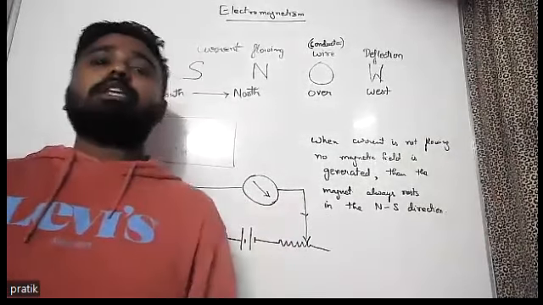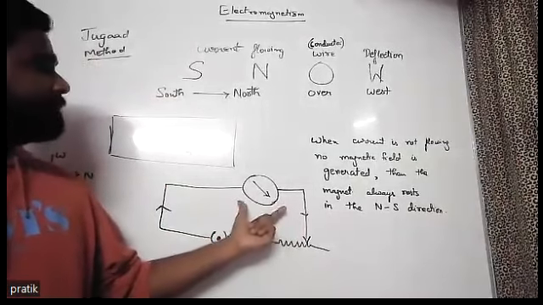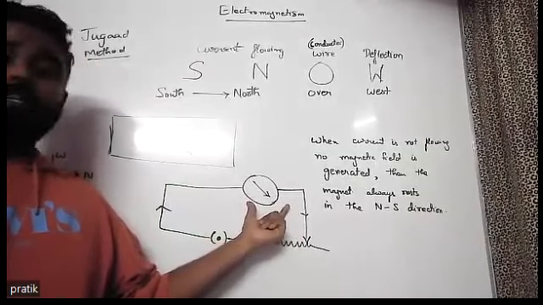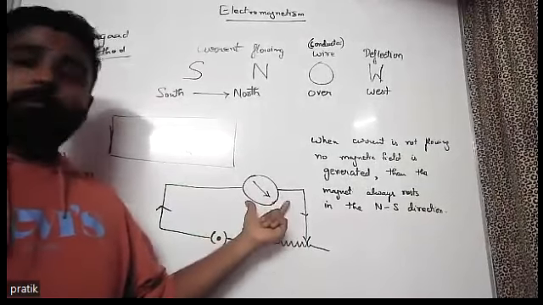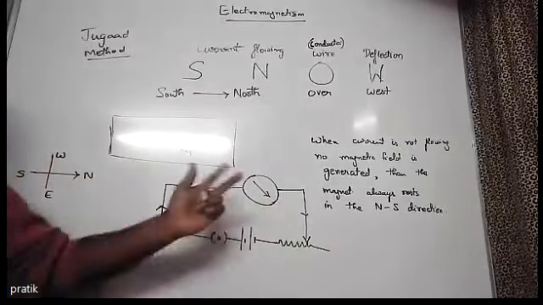How can we conclude that there is a magnetic field generated? He showed by this experiment, his setup, by placing a magnetic compass. By placing a magnetic compass, he figured out that this magnetic field is produced because there's a deflection in the compass, which I made you write a little bit prior.